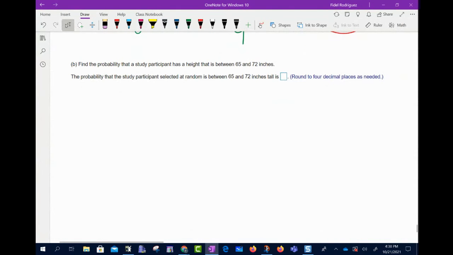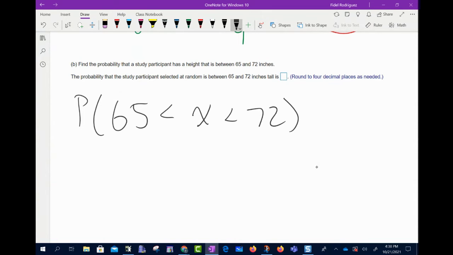Okay, so now it says find the probability that a study participant has a height between 65 and 72. Okay, so what that's telling me is that the height is between 65 and 72. So notice, y'all, my X is between those two numbers, right?